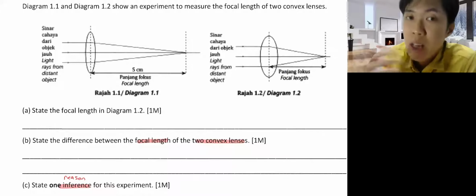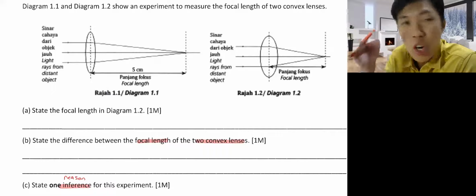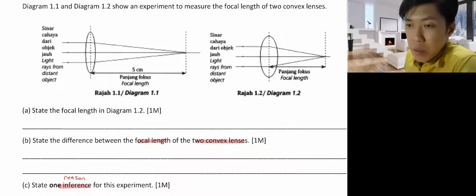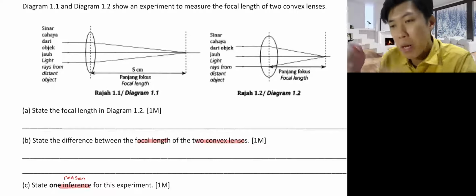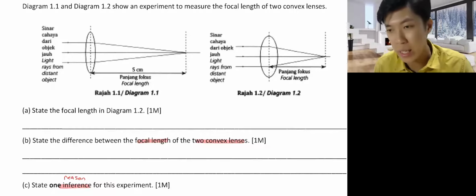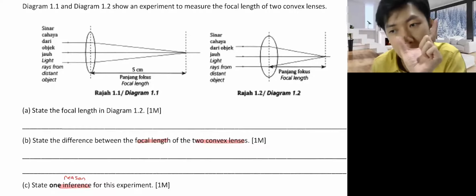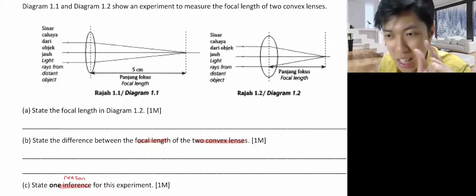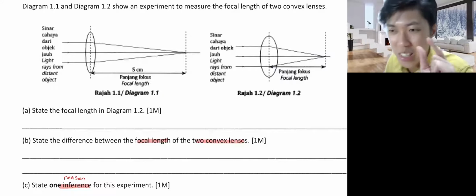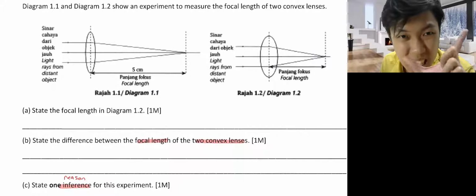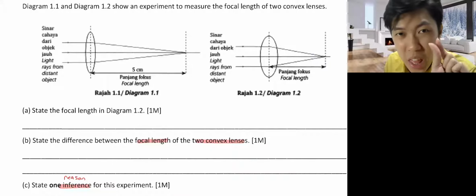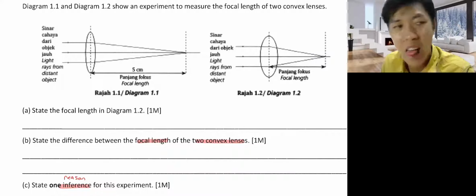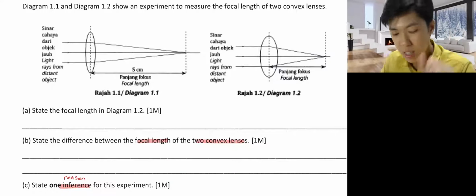Something is affecting it. The lens, but what of the lens is affecting it? The thickness of the lens, not the angle. So you realize thin will be longer, thick will be shorter.